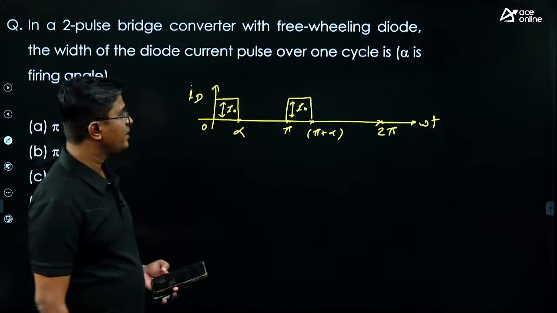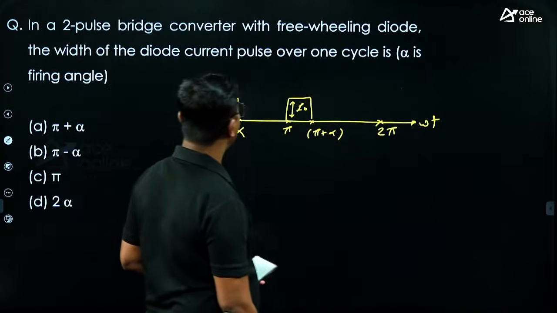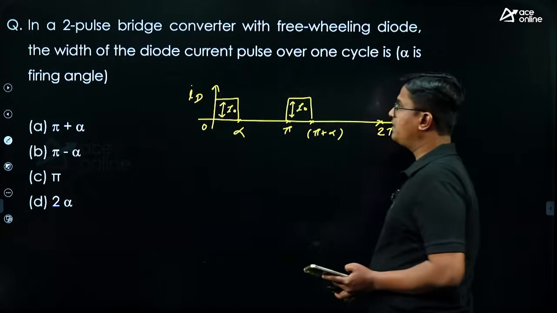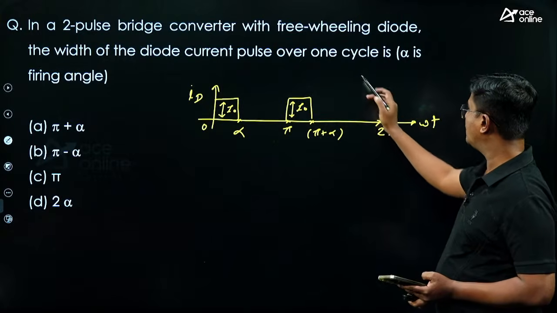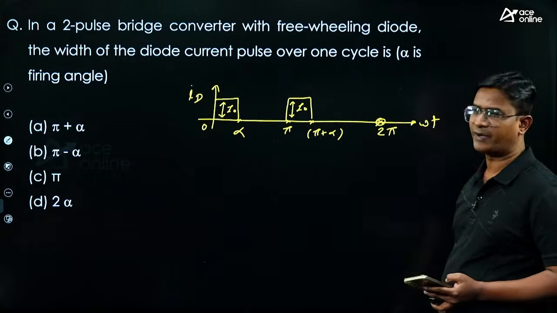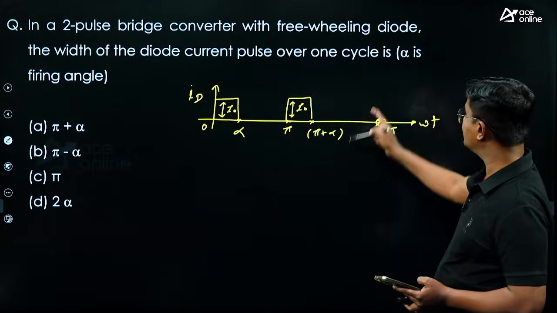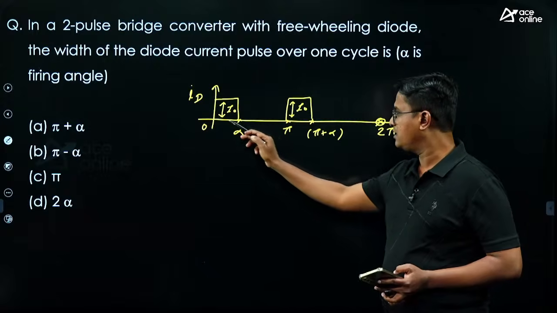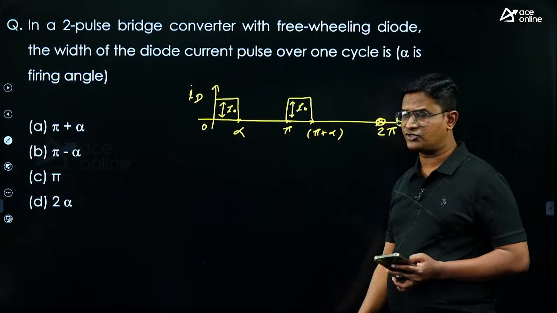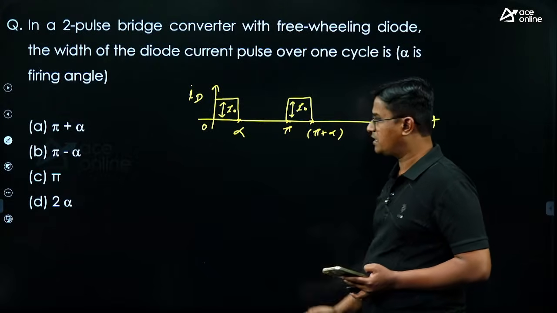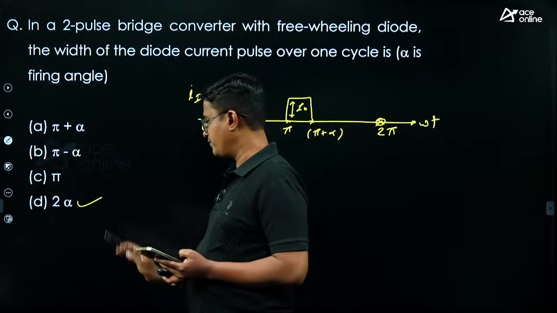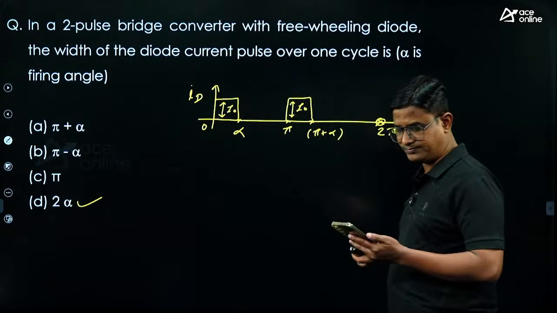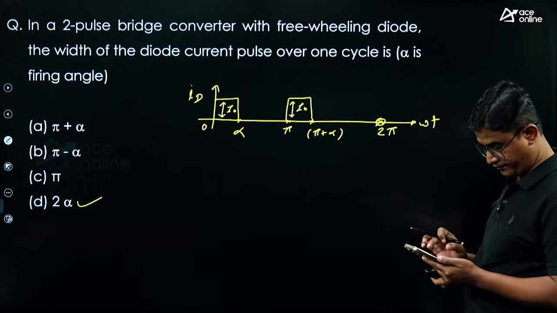They are asking the width of the freewheeling diode current corresponding to one cycle of supply. In that, my diode conducts here and here, so the width should be alpha plus alpha, that is 2 alpha. Answer should be 2 alpha, alright?